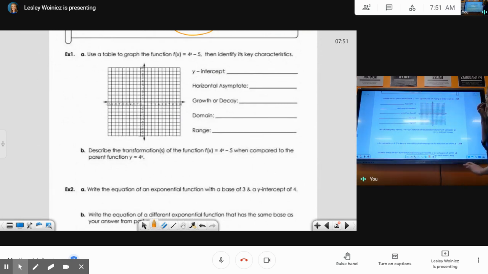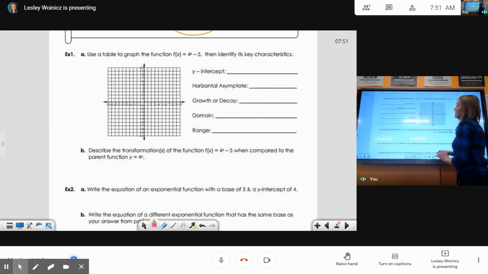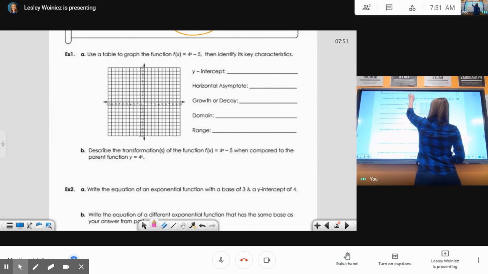So here we have to use the table to graph this function, and then we are going to identify its key characteristics. So what we are going to do is take 4 to the x and make a table for just the 4 to the x part, and then we're going to talk about the minus 5, because we know that that minus 5 is going to shift the whole thing down 5 units, because this is the d.